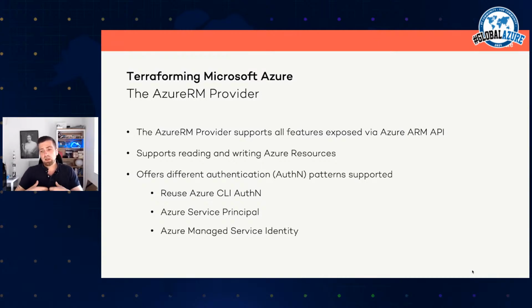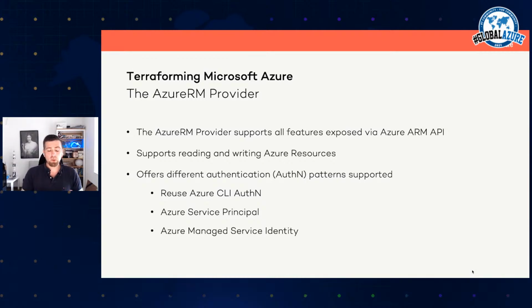So if Microsoft provides all capabilities via Azure ARM API, you can use it in Terraform. And the teams at HashiCorp and Microsoft are really curious about reflecting changes immediately from the Azure RM API into the Terraform provider.